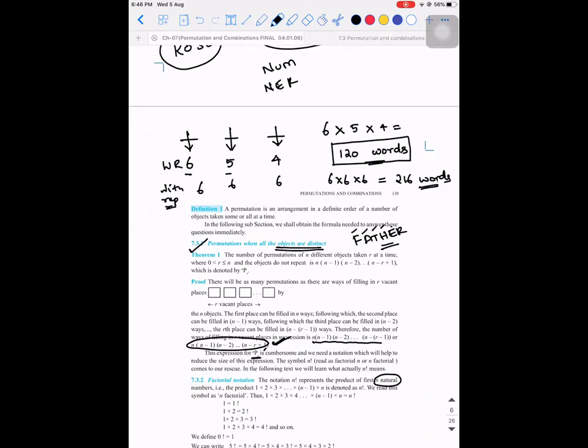Yes, right. So every letter is different from each other. This is what you mean by distinct objects. For example, if I give you a word like mom, in this what is happening? M is repeating.